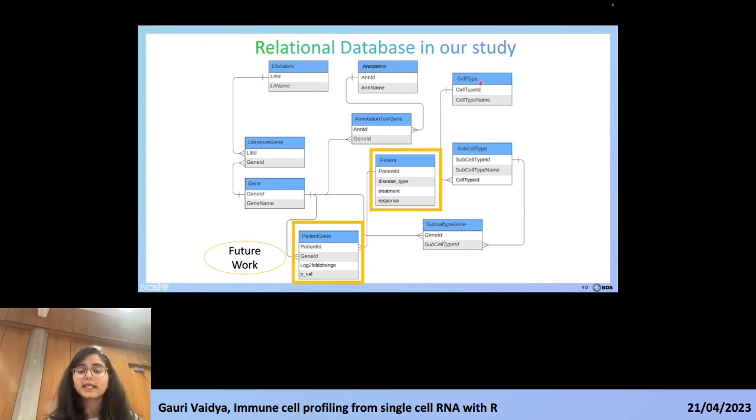The cell types are the global cell types that exist in a patient, and the subcell types are the hierarchical division of the cell types, connected to them. And finally, we have the genes, which are the biomarkers for the particular cell types or subcell types.